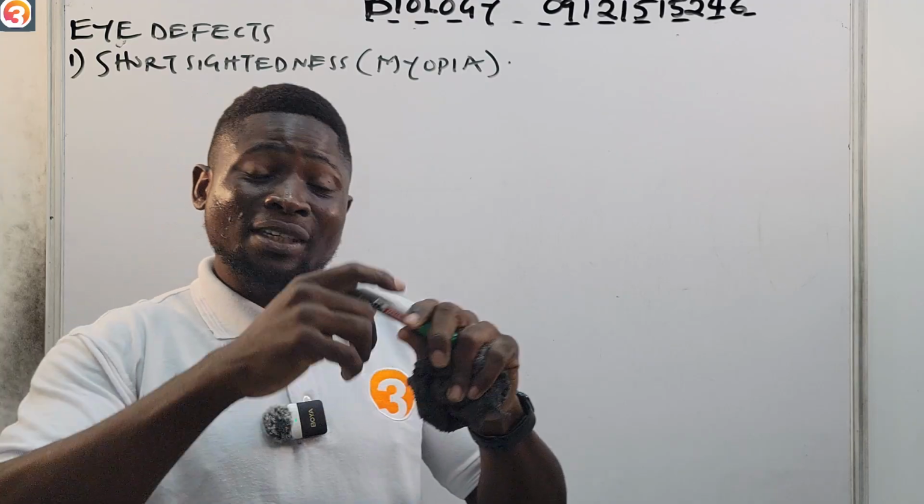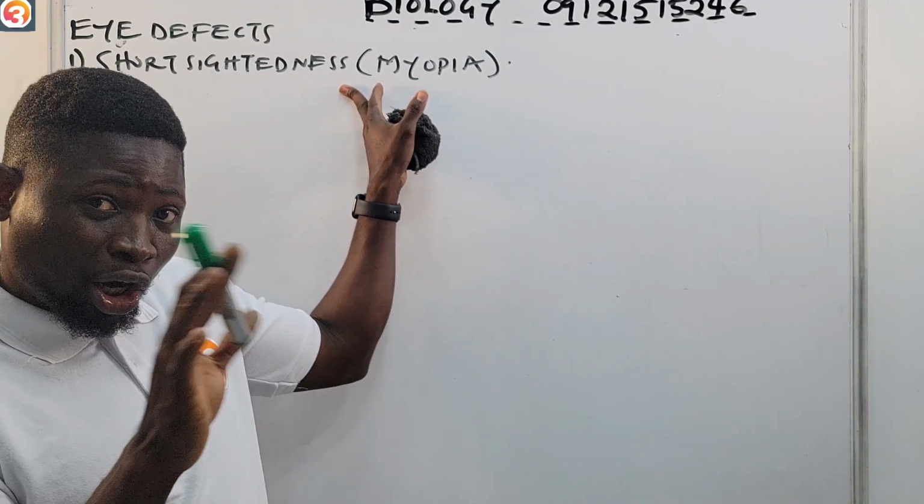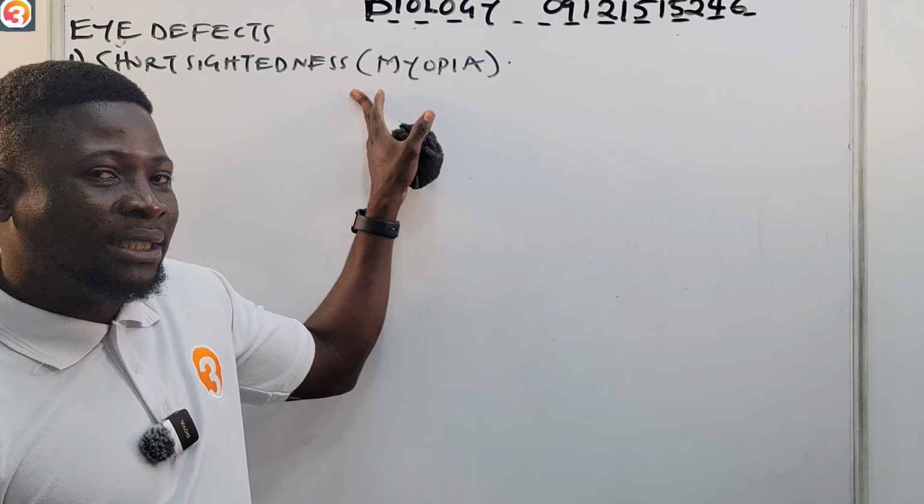It has been easy from time immemorial, and it will always be easy. For short sight, it means you can see near objects clearly.